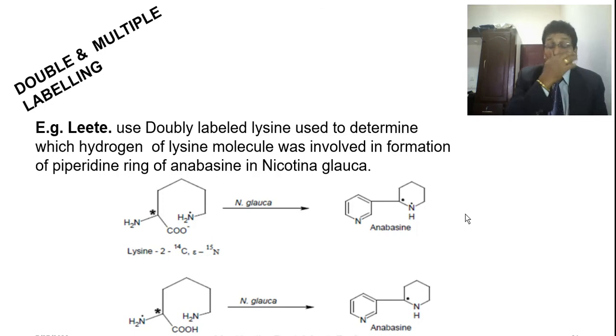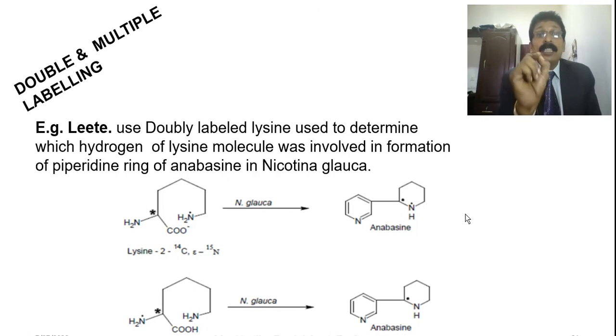The bigger dot shows the carbon atom is made into carbon 14. And you see the nitrogen also, near the NH2 at one bend, there is one dot kept there. That means the nitrogen is also N15, made into N15, and that is also a labeled compound.